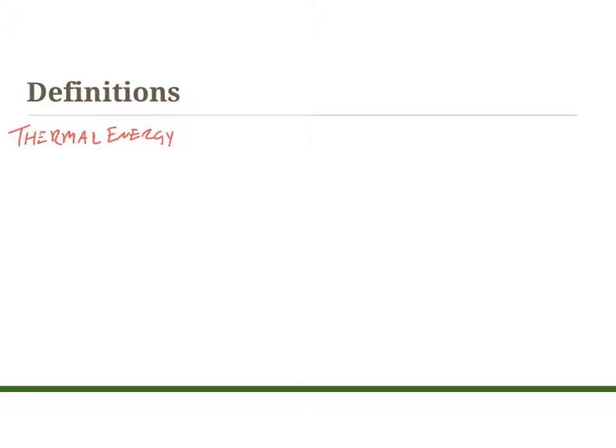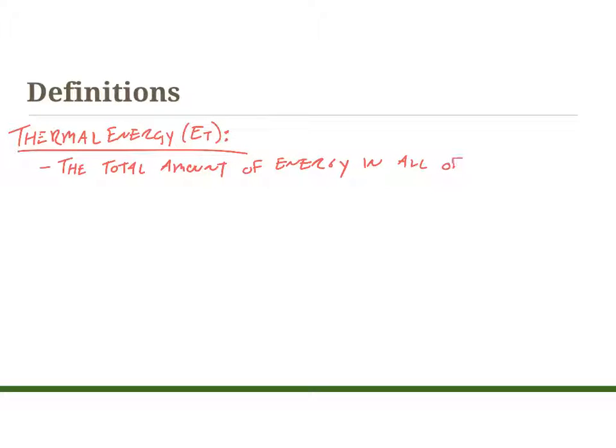Thermal energy, guys, thermal energy is going to be identified as ET. It is going to be defined as the total amount of energy in all of the particles of an object.